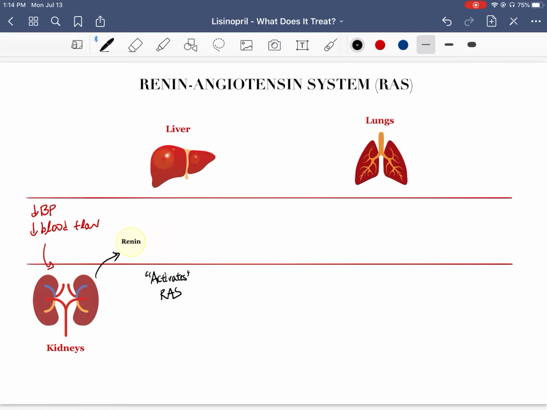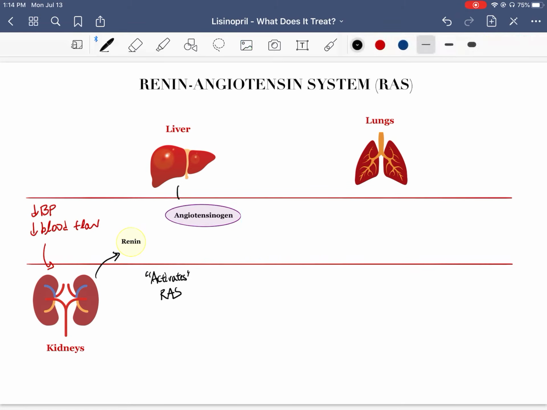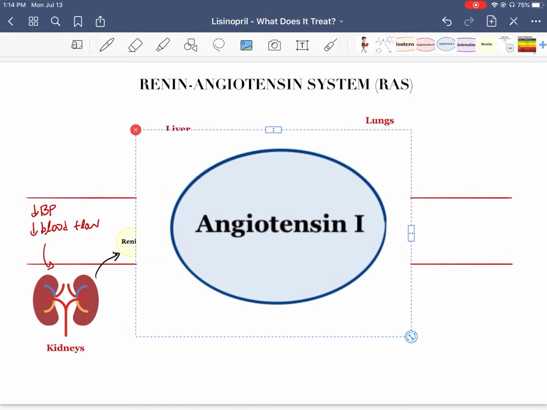How it does this is that it'll take a protein produced by your liver called angiotensinogen, converting the angiotensinogen into a molecule called angiotensin 1.